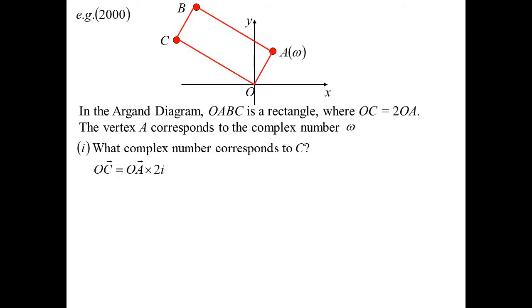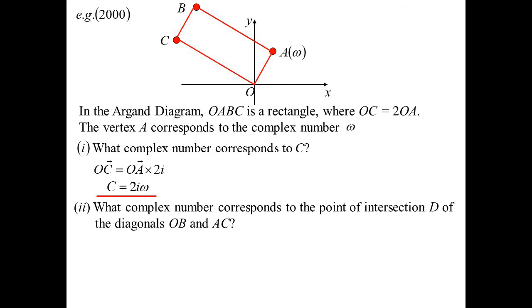If it's a rectangle, I've got the vector OA, and I must have rotated it 90 degrees, but the length of that vector, they've told me OC is twice OA. So I've doubled the length. So it must be the vector OA times 2I. The length's been multiplied by 2, been rotated 90 degrees, so we also multiply it by I. So that's simply going to be 2I times omega.